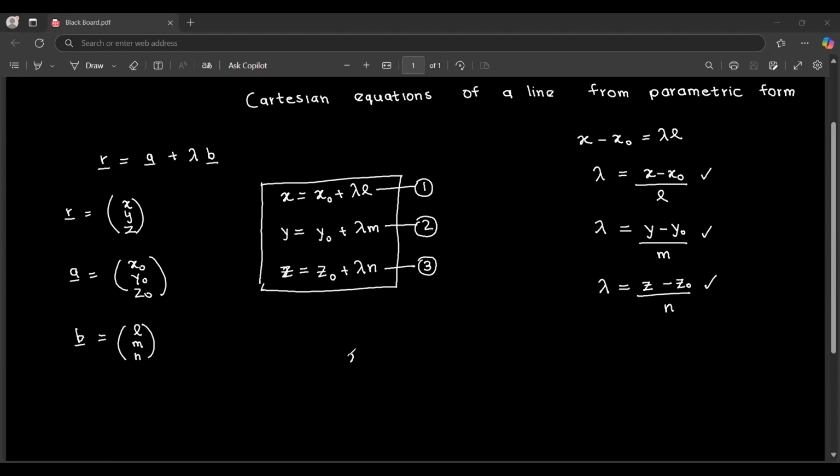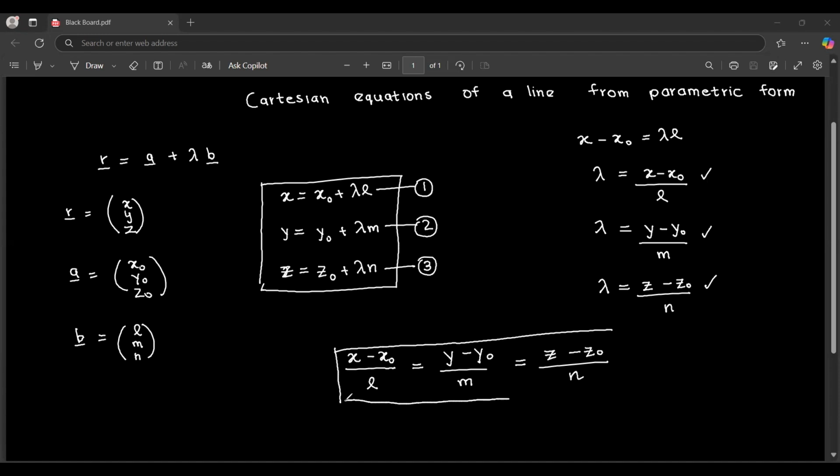So I can say (x − x₀)/l = (y − y₀)/m = (z − z₀)/n. Okay, this is the parametric form converted into Cartesian equations of a line. This is how we can convert the parametric form of a line into Cartesian equations of a line.